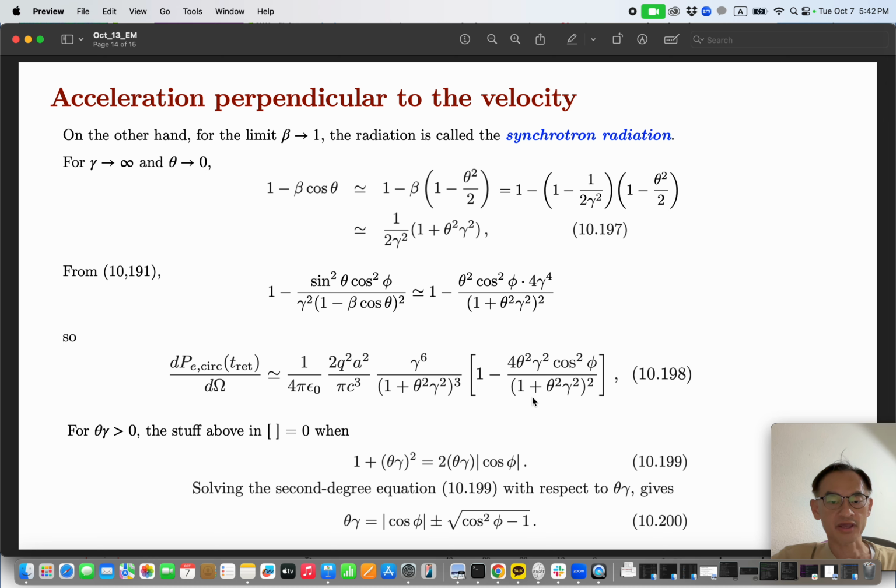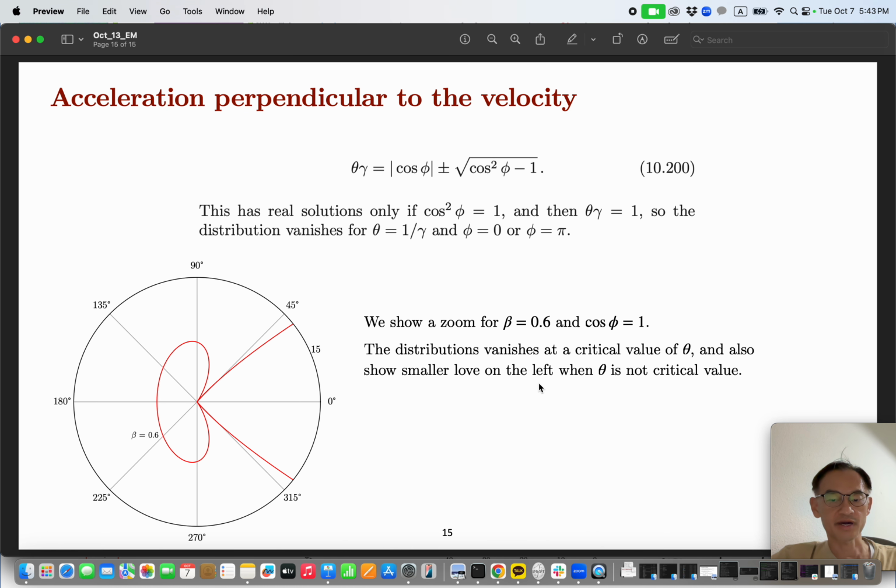And this square bracket becomes 0 when the second term is unity, or 1 plus theta gamma squared is basically the square root of this, which is 2 theta gamma and the absolute value of cosine phi. And you can solve for this. You can get theta gamma is cosine phi plus or minus this formula.